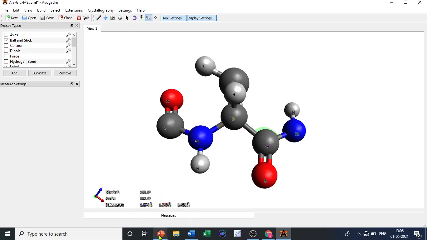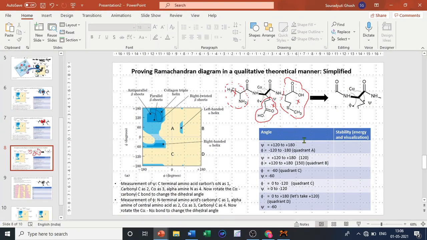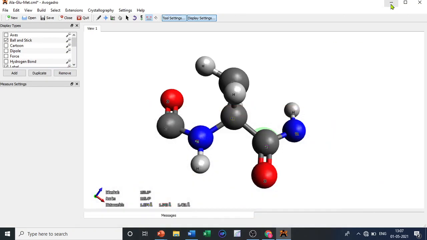So first thing we will do, we will try to fill up this box. We'll keep the psi at plus 120 to plus 180 degrees. So we want to get it to this part. Plus 120 to 180 degrees, that should be this region, and phi at minus 120 to minus 180. If you look at this, that is the region we are talking about, this part. So we should have a good degree of stabilization, right?